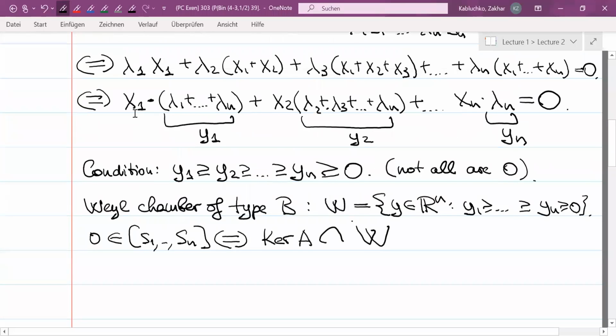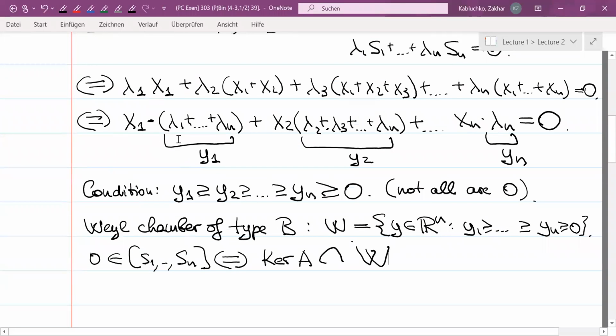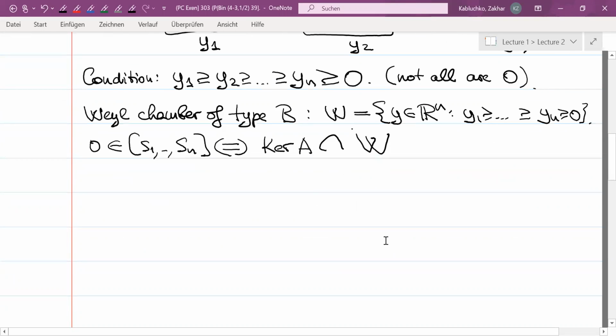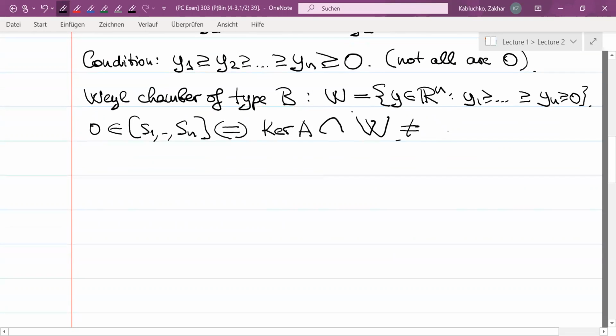Because we need that the combination of x1, x2 and so on with coefficients y1 and so on is 0, which means that y is in the kernel of A and y is in the Weyl chamber. So our condition is that the kernel of A intersects the Weyl chamber non-trivially.